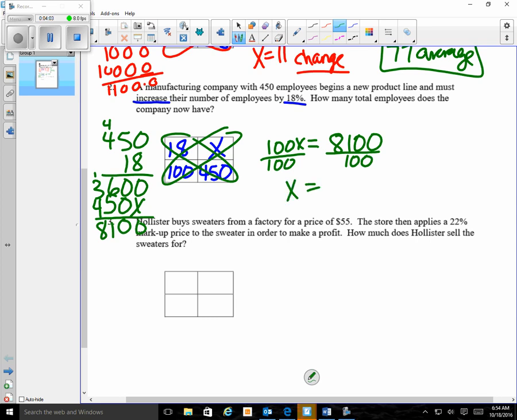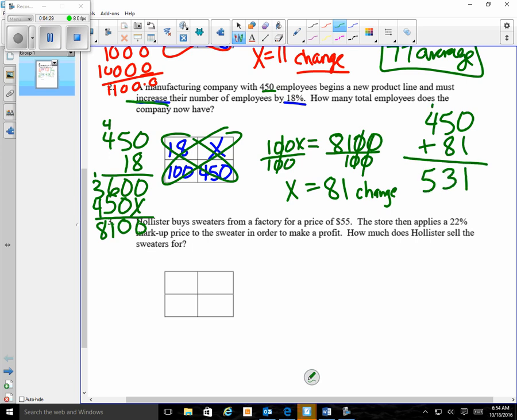This becomes 1, get rid of my zeros, 81. So this is my change, and we started with 450, and it increased. You see your increase there. So we're going to take our 450, and we're going to add our 81 in there. So the number of employees total they now have is 531.